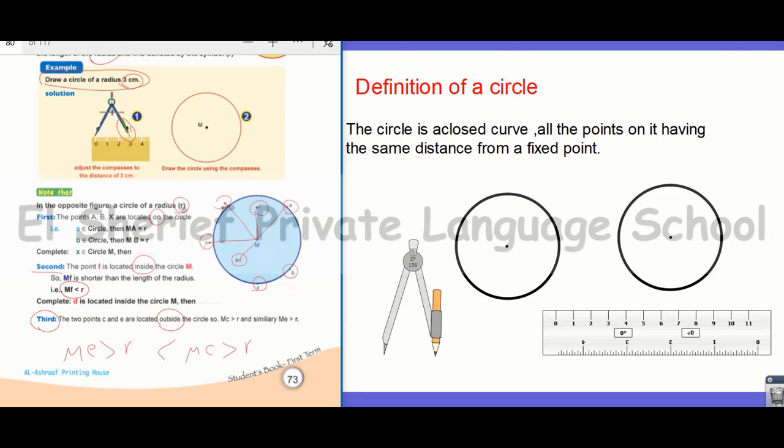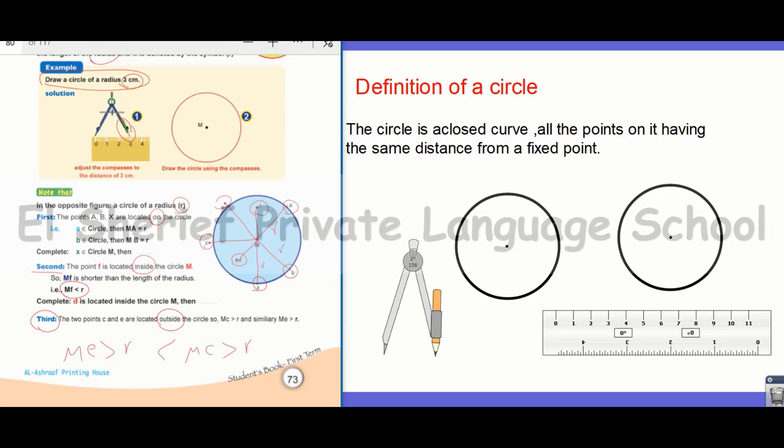Again, first, the point located on the circle. If we draw a line segment from the center to any point on the circle, this is called a radius, and we can denote it by R. So MA is R, MB is R, and MX is R. We have the same distance, so they are equal.